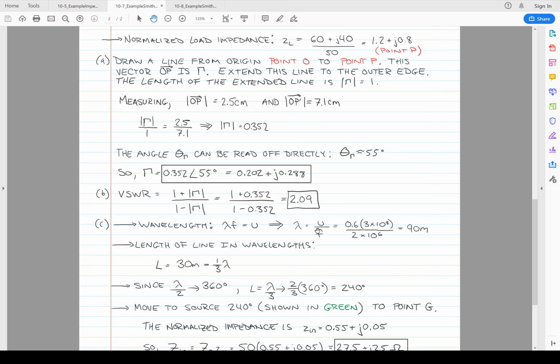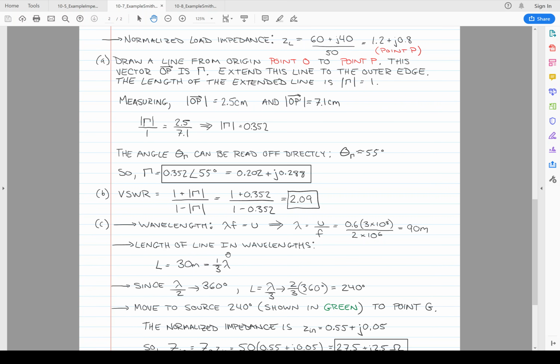So the speed is 0.6 times the speed of light, which is 3 times 10 to the 8th, divided by the frequency, which we're told is 2 megahertz, or 2 times 10 to the 6th. When you take meters per second and divide by per second, you get meters. 90 meters in this case is the wavelength.